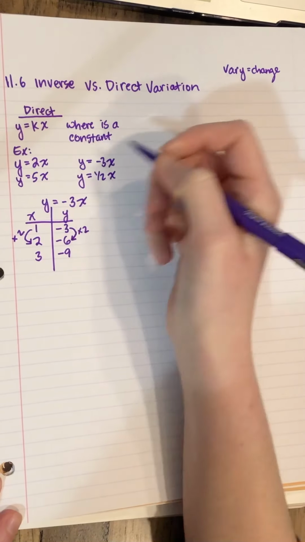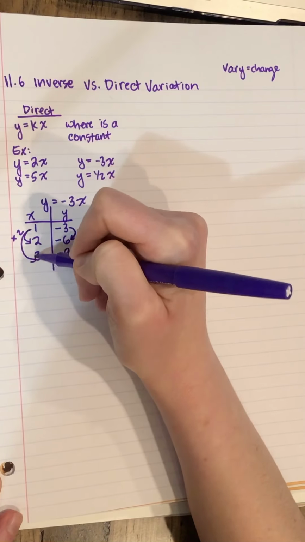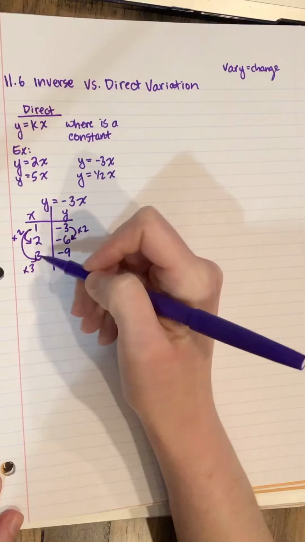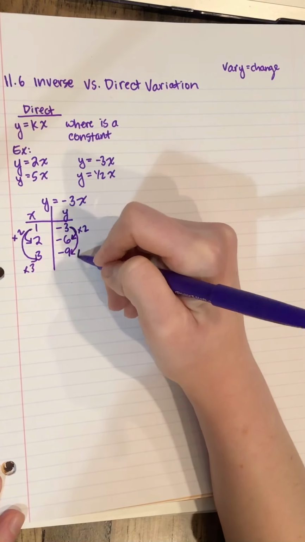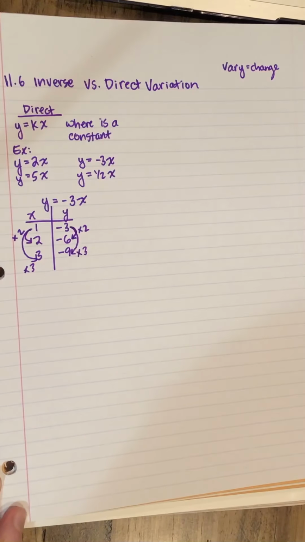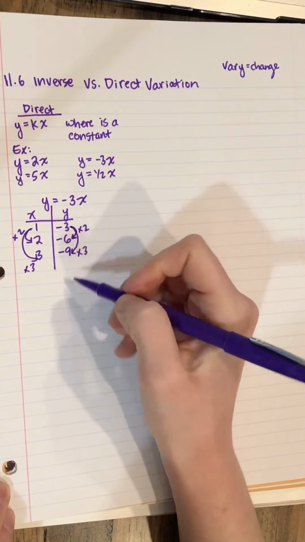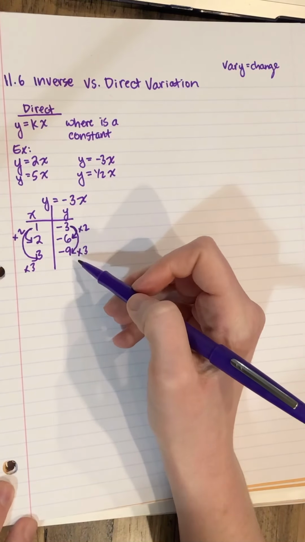Same thing works if you're going from 1 to 3. What do you multiply it by? 3. How do you get from negative 3 to negative 9? You multiply it by 3. So the rate of change here is consistent between the x's and between the y's.